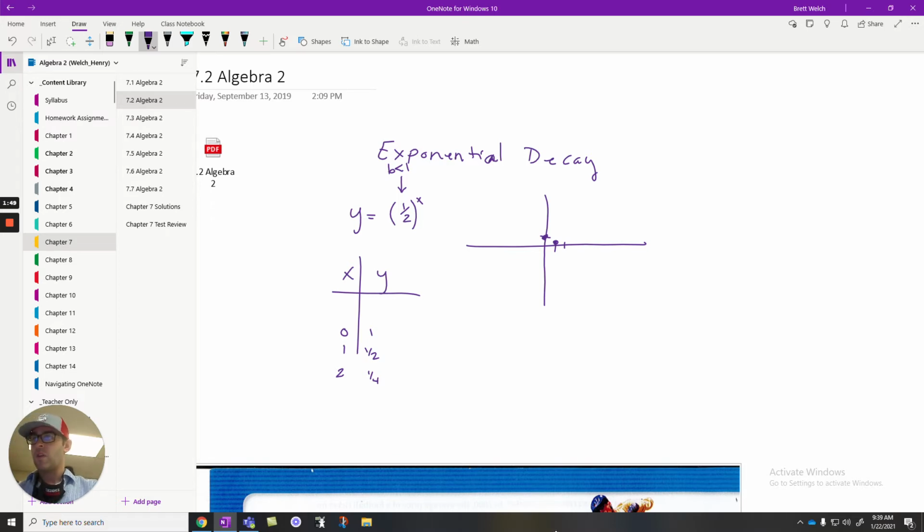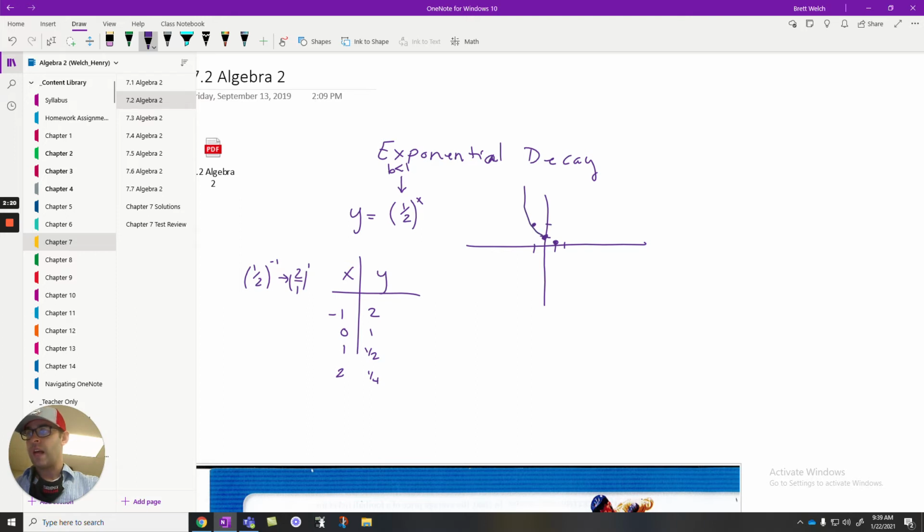If we, however, go backwards to the negative numbers, let's remind ourselves that anything to a negative exponent is a reciprocation. It's going to produce a flipped fraction of 2 over 1. To the positive first, well, that's just 2, which means I'd come up here and put 2. If you remember the exponential growth functions from last time, you should recognize that this is doing the exact opposite.